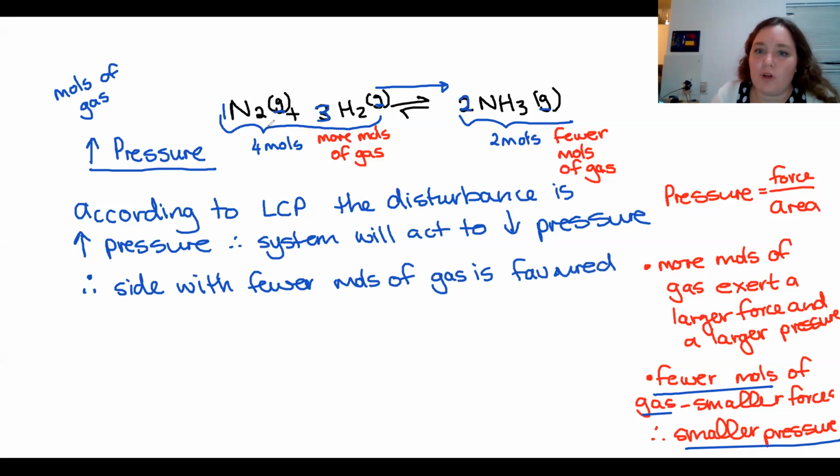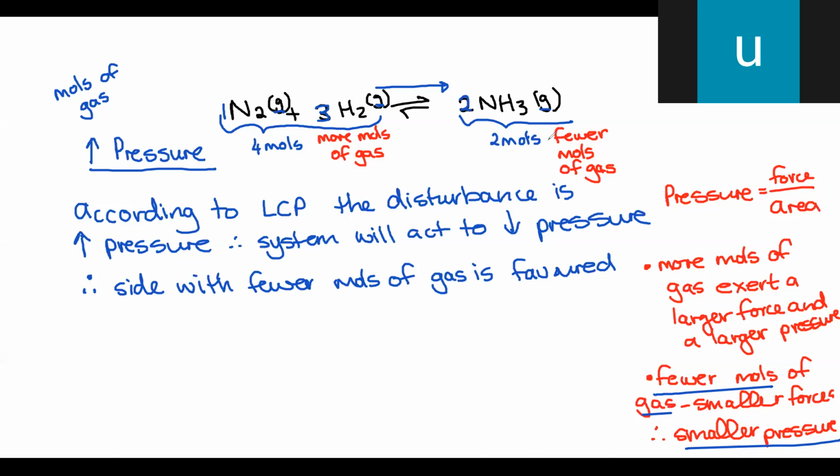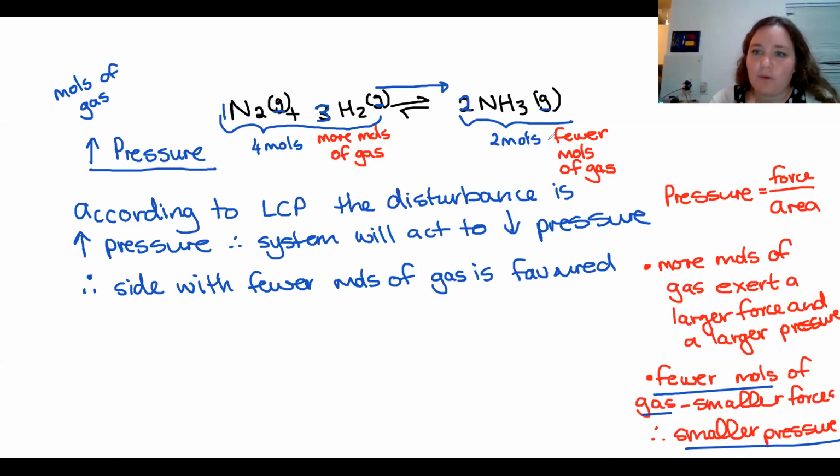The side with fewer moles in this case, not every case, none of the rules that I've given you so far apply in every one of the cases. They only apply in a case here where we've got fewer moles of gas in the products than in the starting materials. So the side with fewer moles of gas is favored, and therefore we can say that the forward reaction is favored.